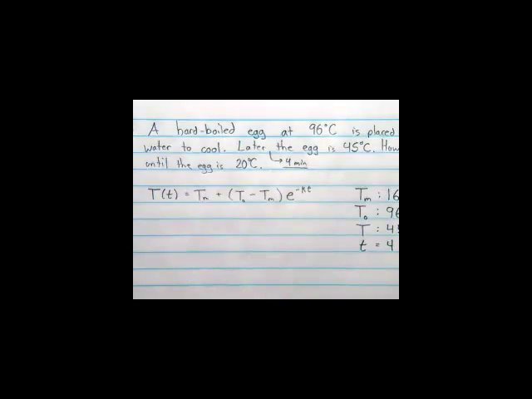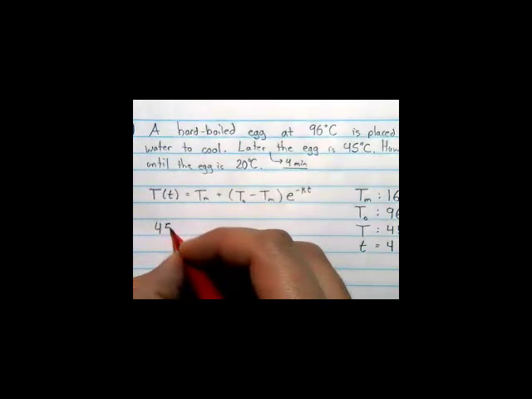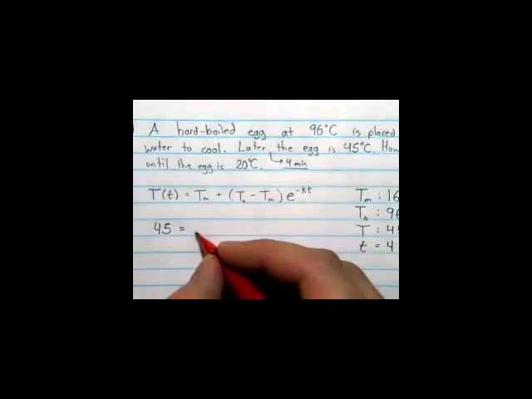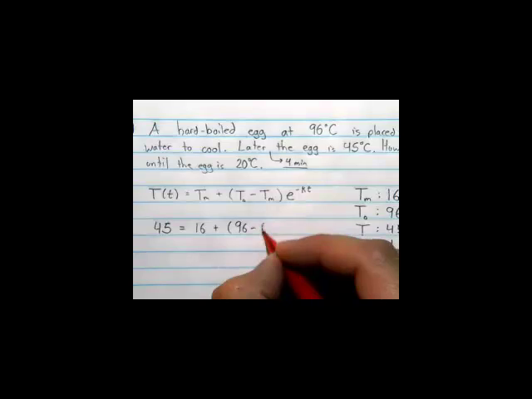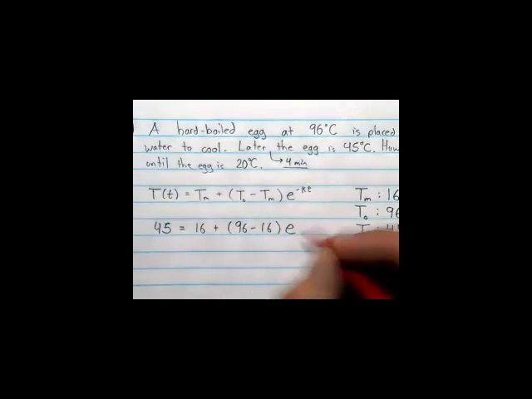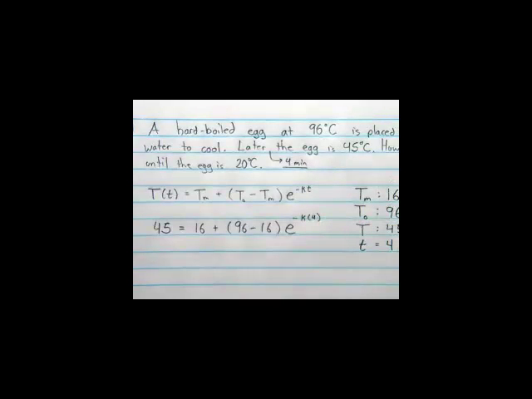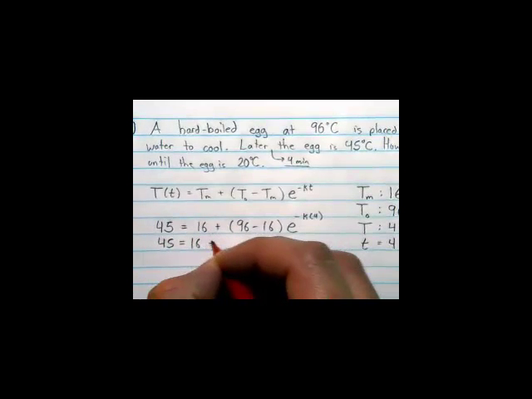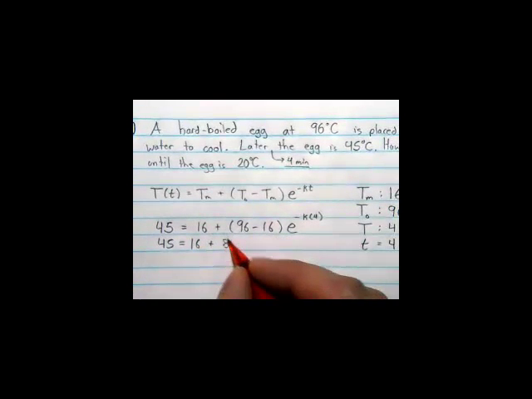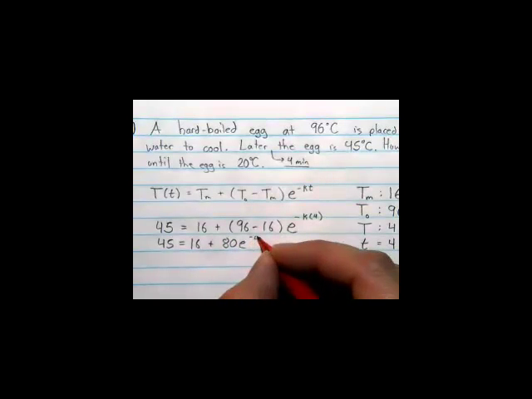So 45 equals 16 plus (96 minus 16) e to the negative k times 4. So 45 equals 16 plus 80 e to the negative 4k.